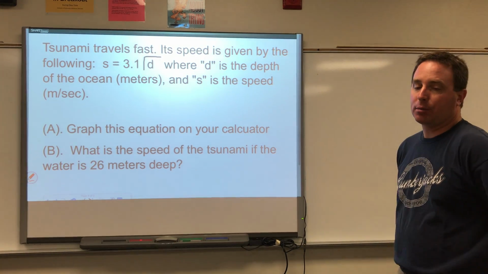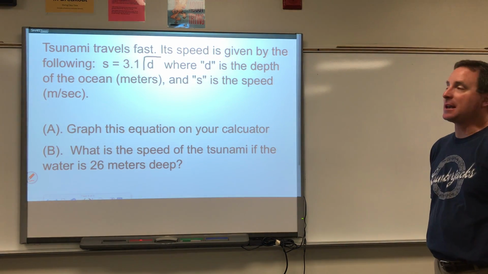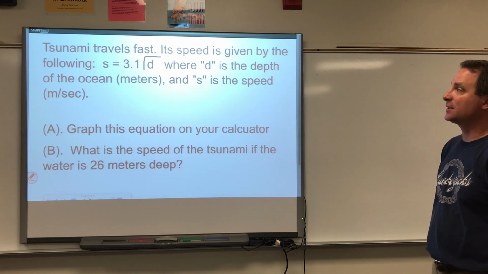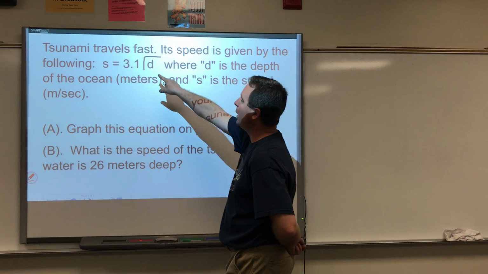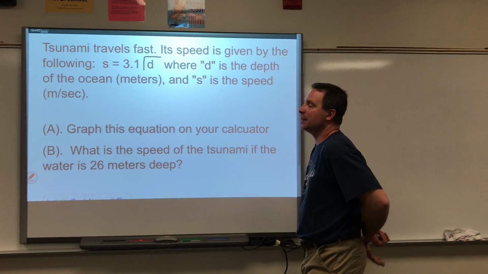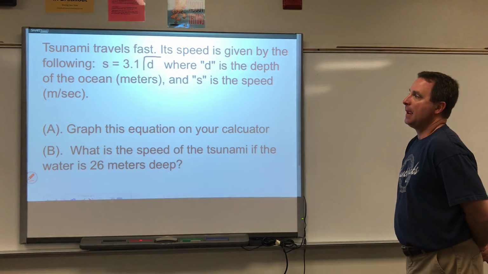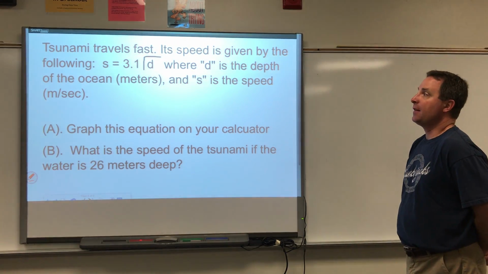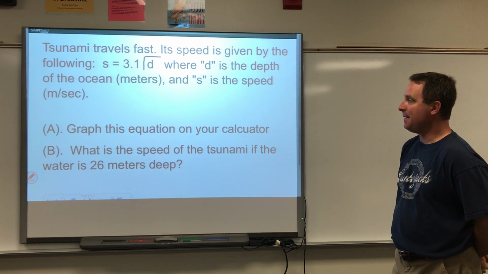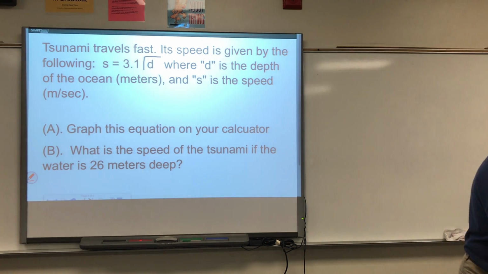Okay, can we try a word problem? A tsunami travels fast. Its speed is given by this, where the speed is 3.1 times the square root of the depth of the ocean. Okay, so the deeper the ocean, the faster the tsunami. Okay, let's graph this on the calculator.